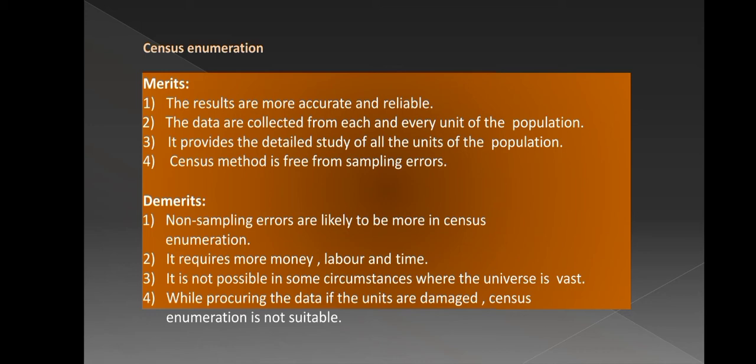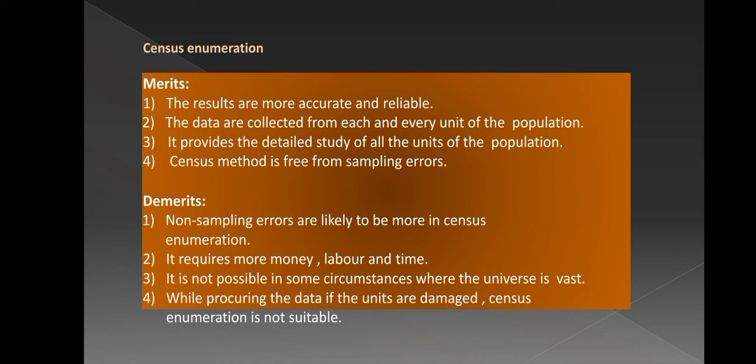For example, when they are entering your age, your actual age is 79, but they may wrongly enter it as 57. So there will be some clerical mistakes while recording or entering the data. These kinds of clerical mistakes are called non-sampling errors. So non-sampling errors are likely to be more in census enumeration.